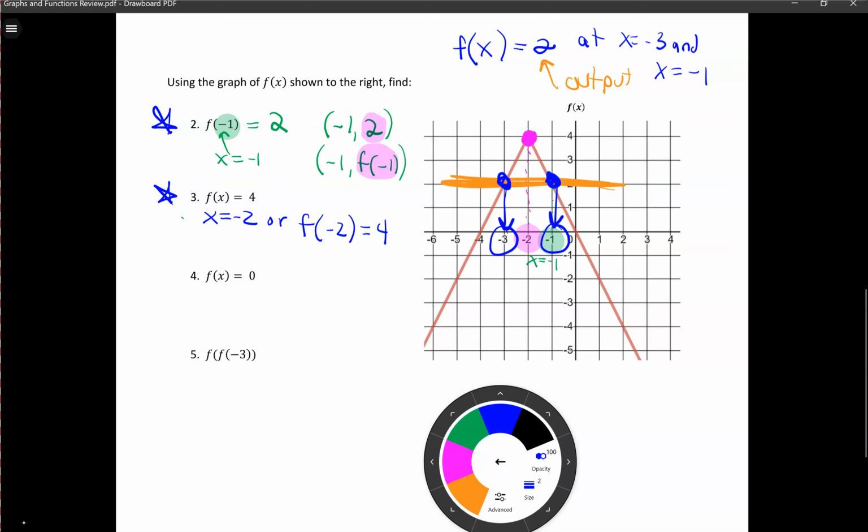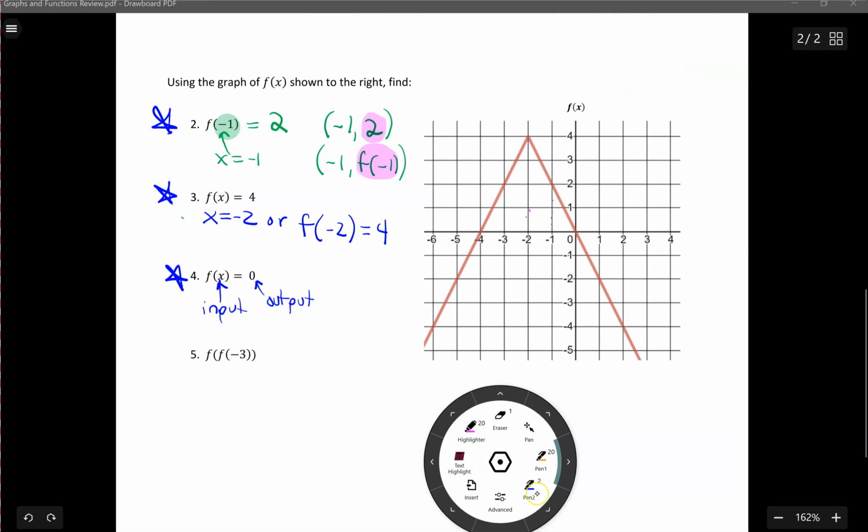Okay, what is 4 describing? 4 is asking again for inputs. What are we going to input into the function so that the height of the graph, so that the output is 0? Remember, that's another way to describe your x-intercepts. And that's because a height of 0 is right along that x-axis. So where does that happen? It happens in 2 locations.